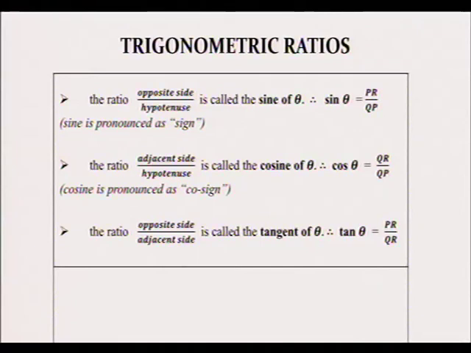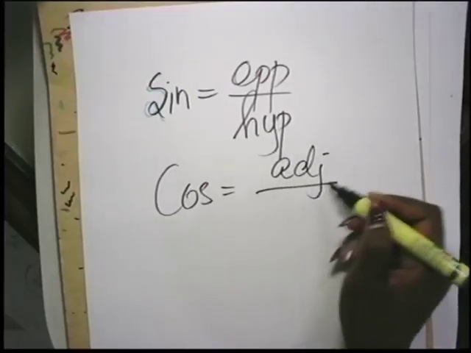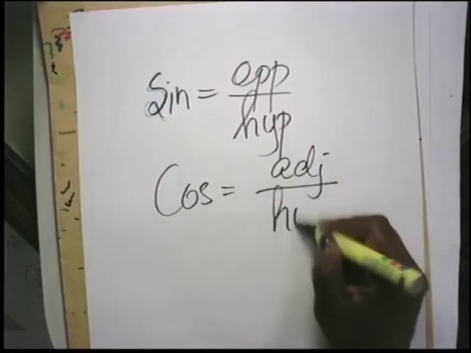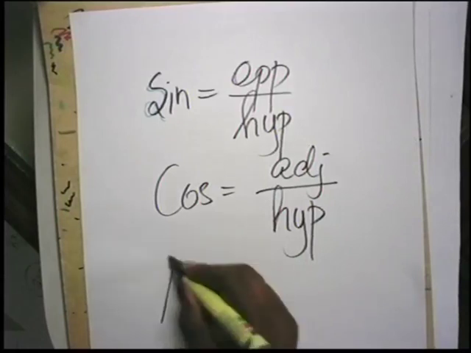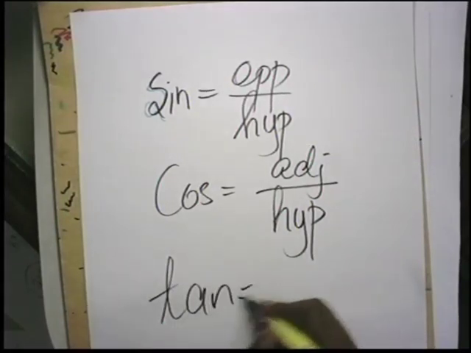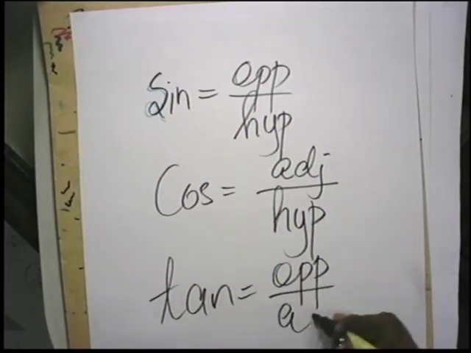When we say sin, it is opposite over hypotenuse. Cos is adjacent over hypotenuse. We need to know this by heart. I'm not looking anywhere, I just know this by heart. And tangent is equal to opposite over adjacent.